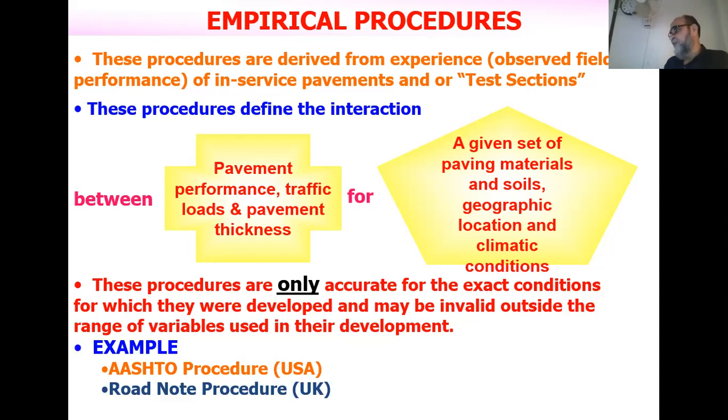But if your traffic comes out to be 60 million, then in the AASHO rigid method you can have 100 million E cells. So instead of flexible pavement design, go for rigid pavement design. But if your traffic is more than 100 million, which is being evidenced nowadays in Pakistan as well, then go for a lesser design life, right?